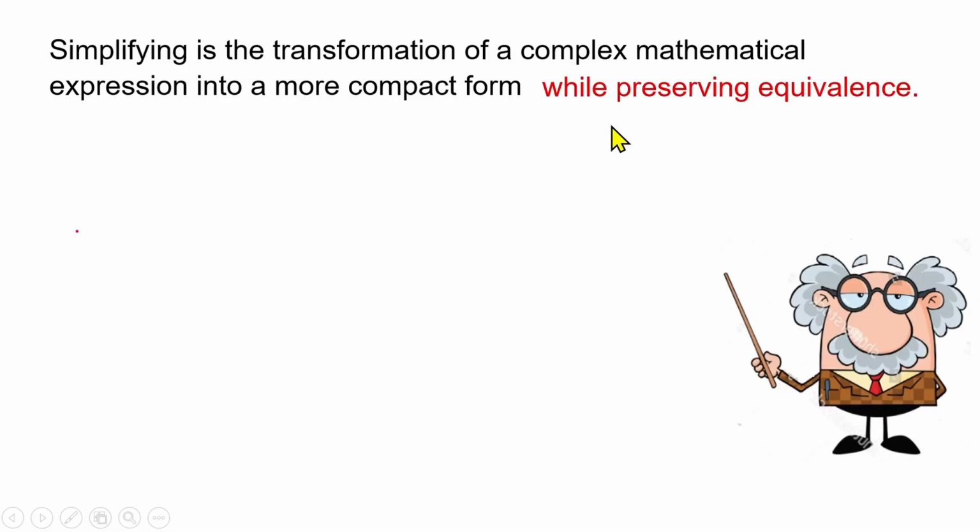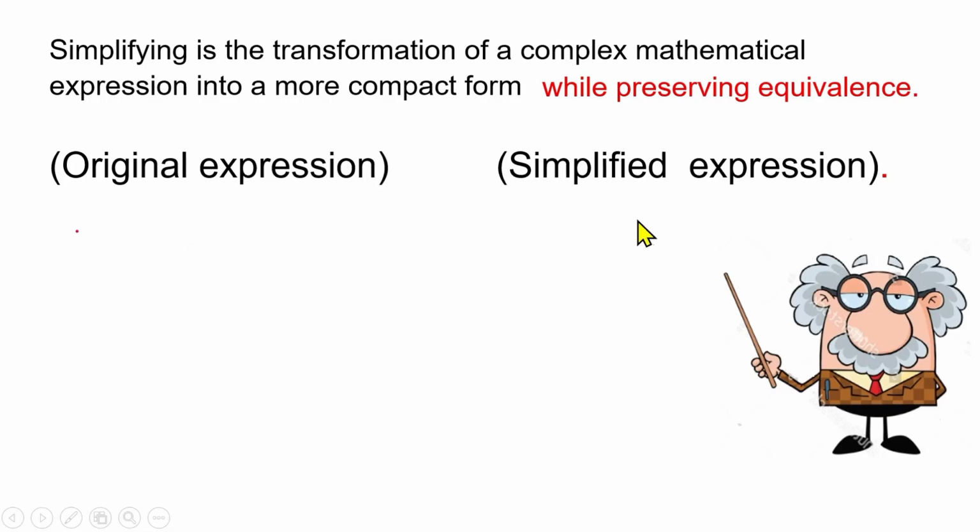It means that if we have the original expression and the simplified expression, they must be equivalent. It means that the left-hand side and the right-hand side have the same value at all admissible values of the variable.